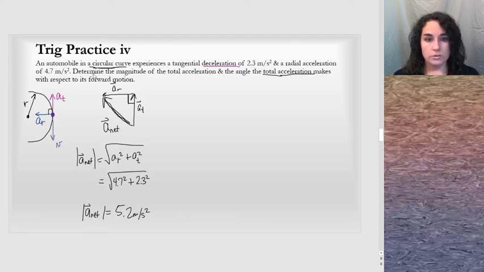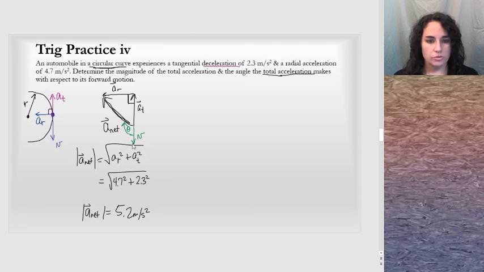They also tell me to find the angle. So determine the magnitude and the angle of total acceleration it makes with respect to its forward motion. So when I look at this problem, I'll put a different color in here. The net acceleration, notice that the velocity is in this direction and the net acceleration is there. So they want me to find this angle. What is this angle? Theta, right?